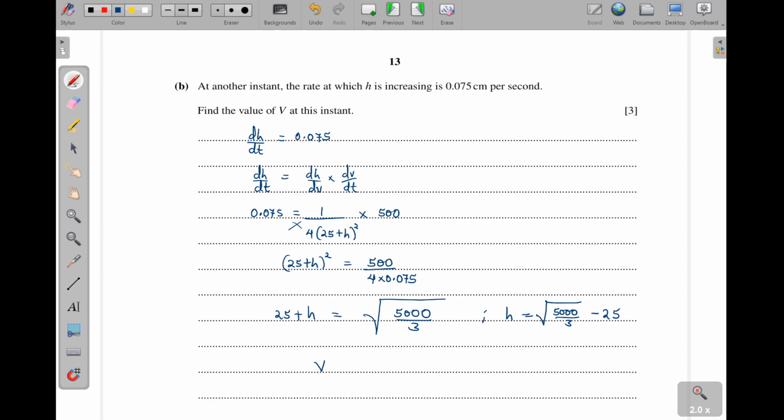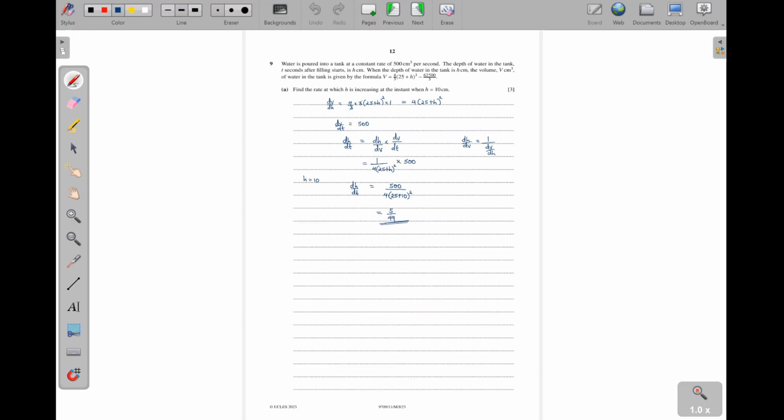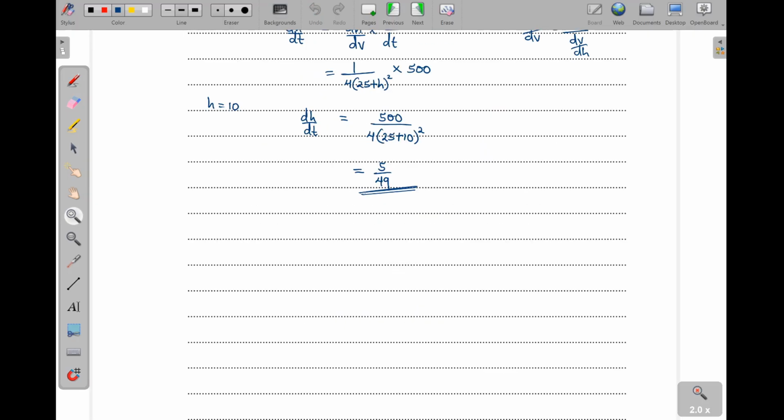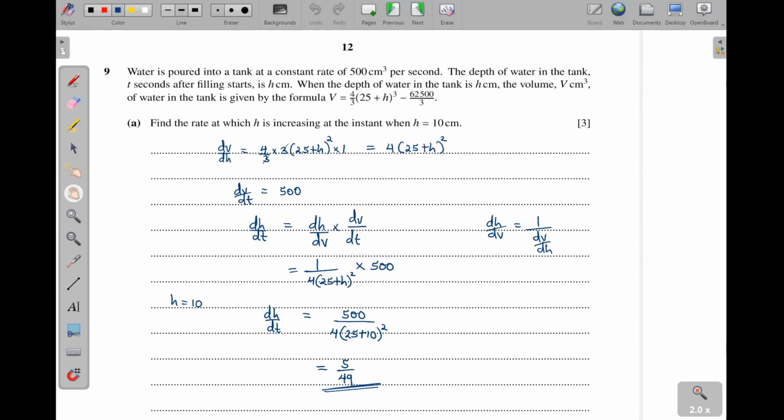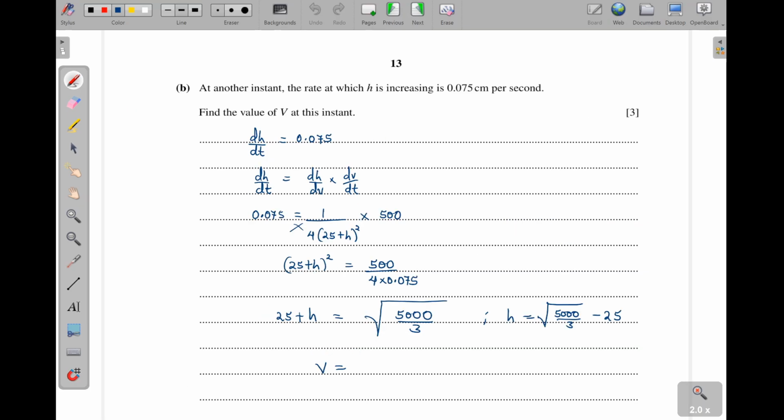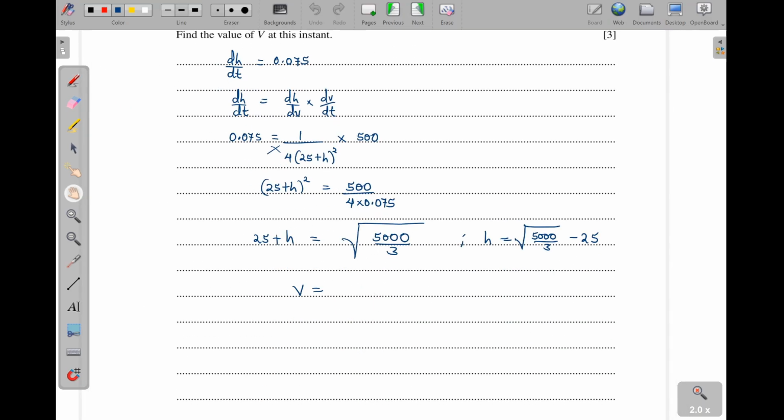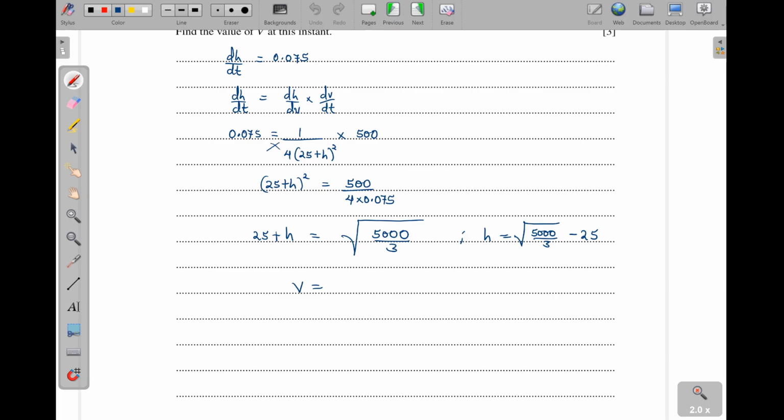Now we can go and substitute in the expression for V. V is given here as 4 over 3 into (25 plus h) cubed, then minus 62500 over 3. So I will come here and write 4 over 3 into (25 plus h), which h is this one here.